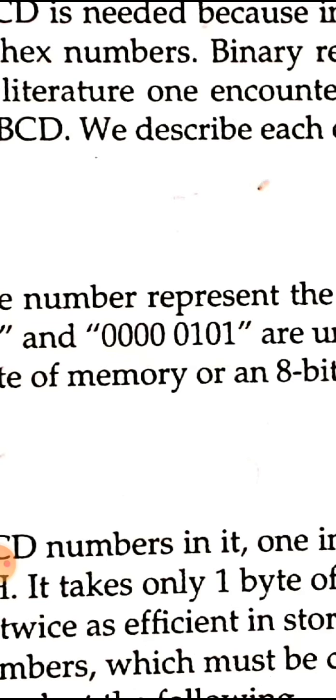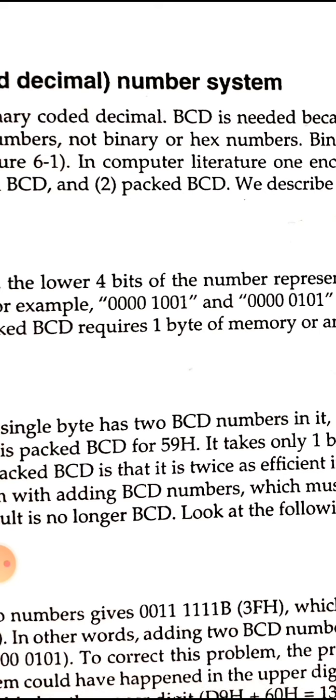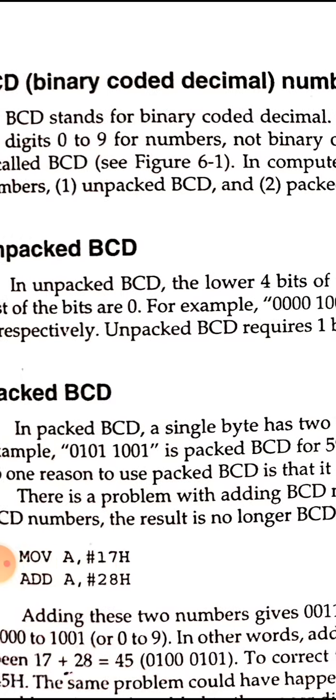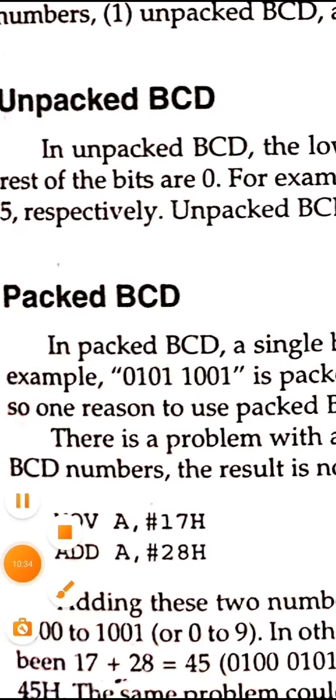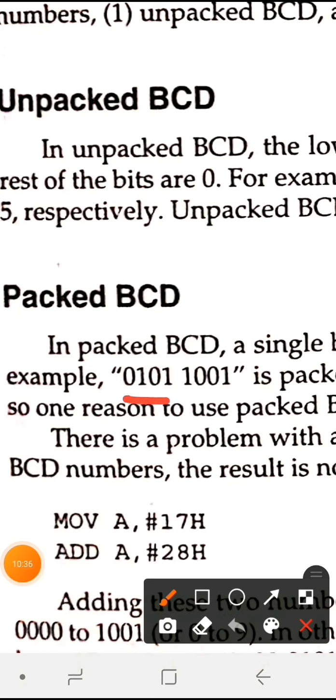Moving to the second kind, the packed BCD number, a single byte will have 2 BCD numbers, one in the lower 4 bits and one in the upper 4 bits. For example, if you take this number, 0101 1001, this is the representation for 59.